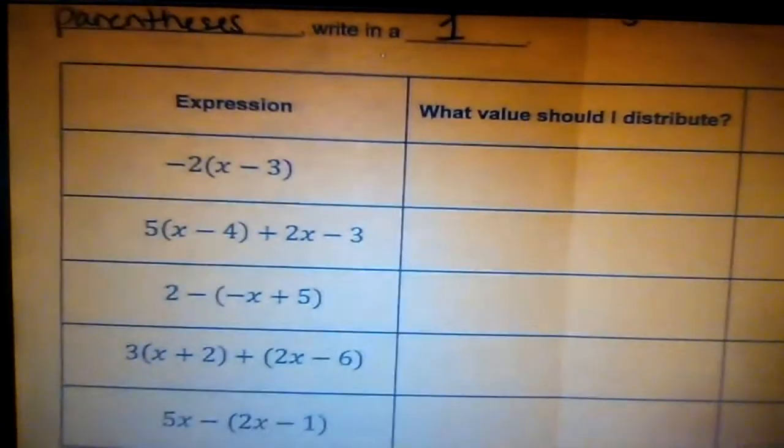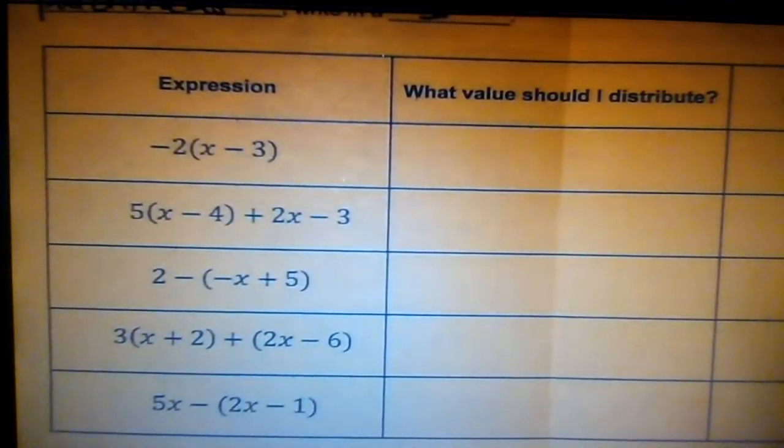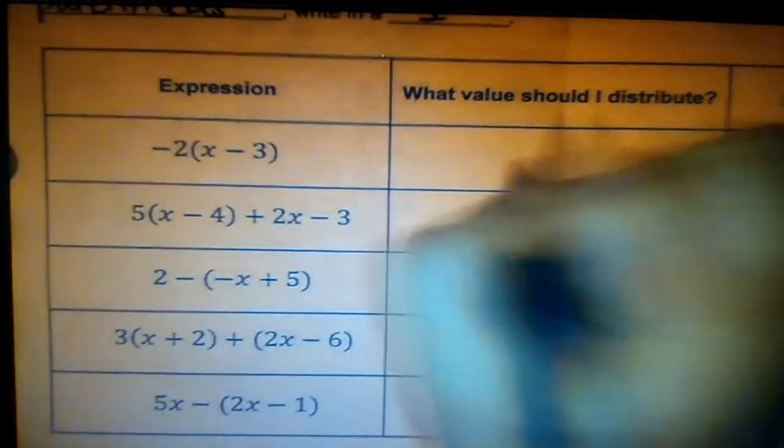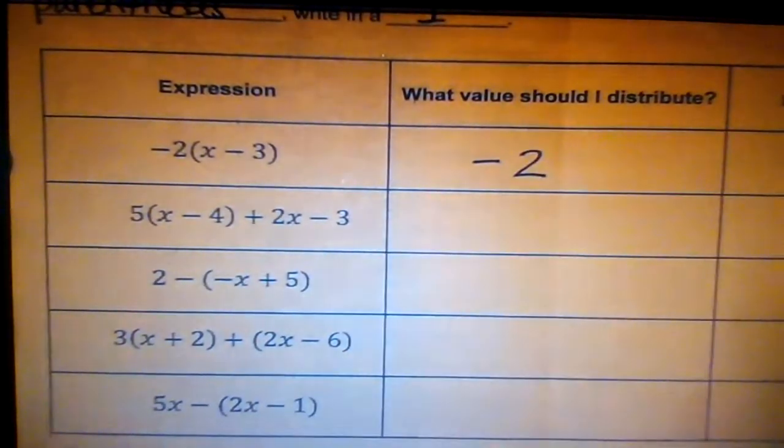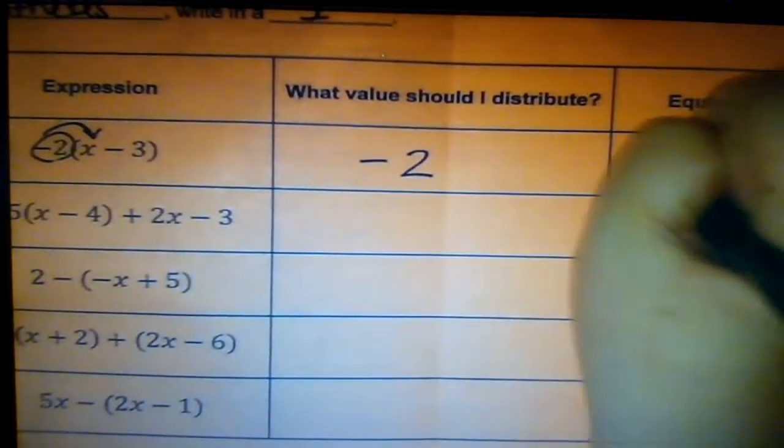All right, so if you look at this expression, -2 times the quantity of x minus 3, what value needs to be distributed? The -2. Okay, not just the 2, that -2. So we distribute the -2. So this -2 multiplies against the x, which gives me what? -2x.